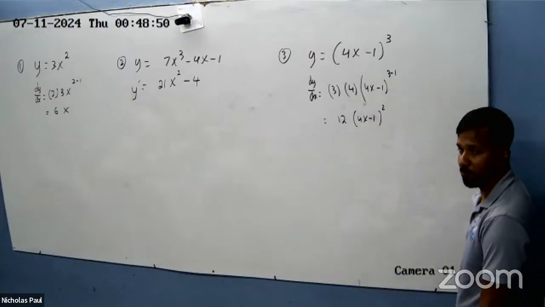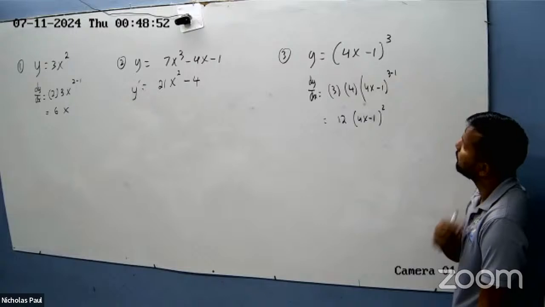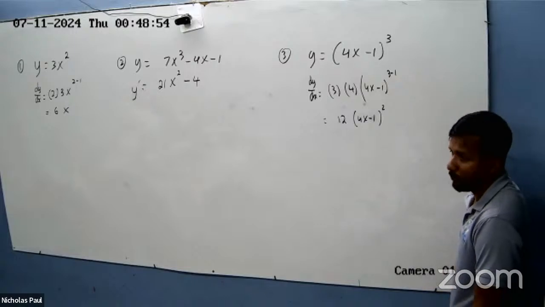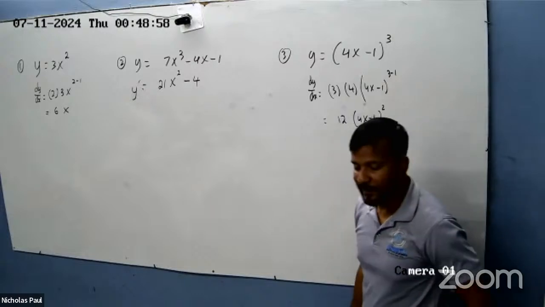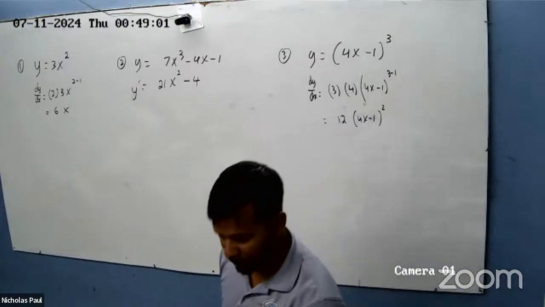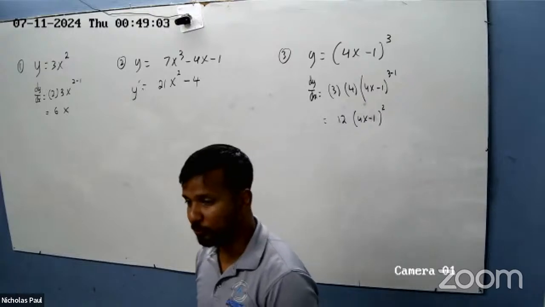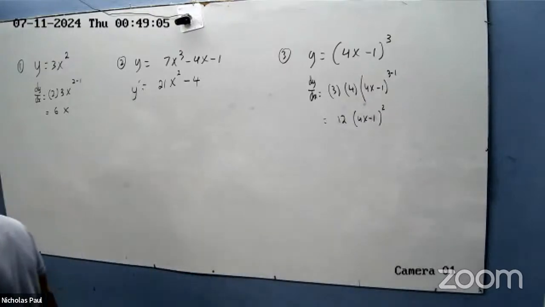That's okay? Everybody okay with that? So that's the way we differentiate, right? Today we're going to focus on 2 new rules. Product rule, quotient. All right, and on product rule.